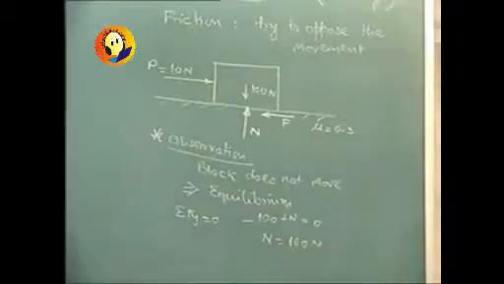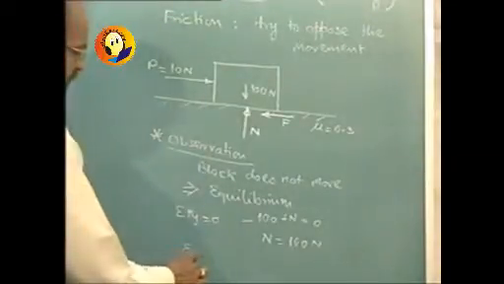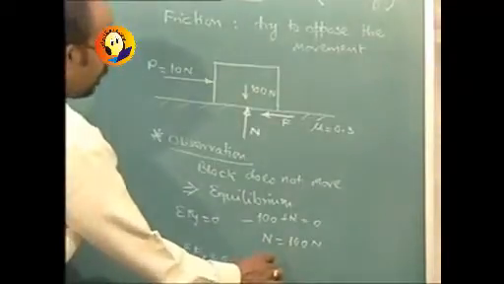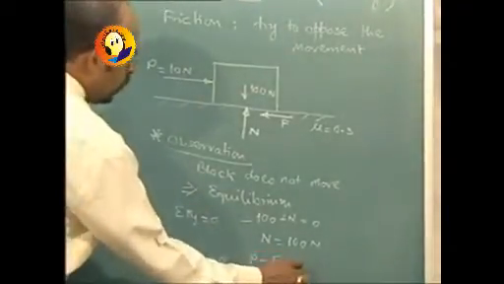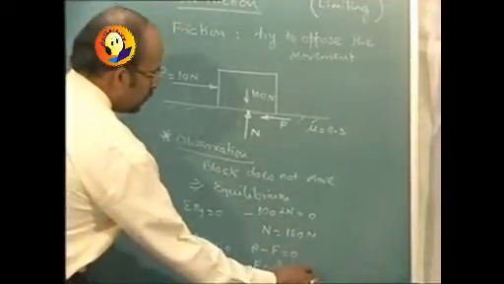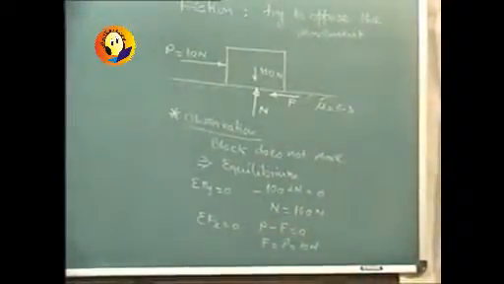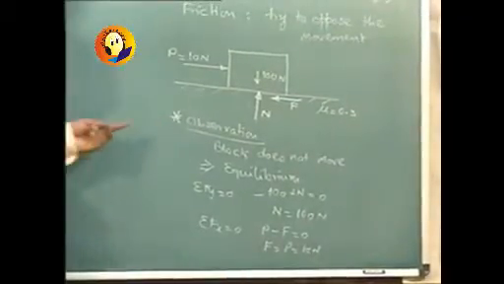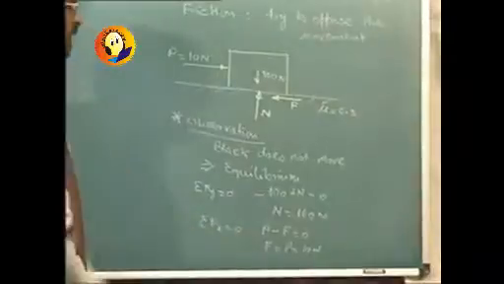Sigma Fx will tell us that P minus F is equal to 0, or F is equal to P, which will be equal to 10 newtons. Now here we are saying that the observation is the block does not move, and so the frictional force comes out to be 10 newtons.